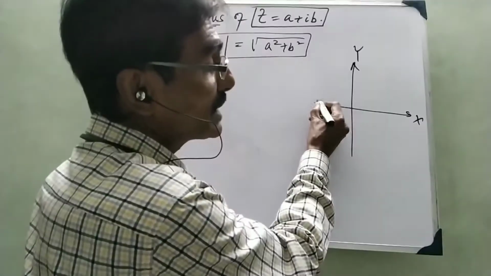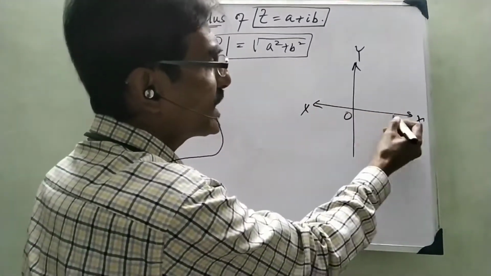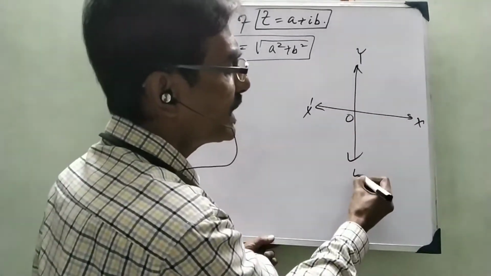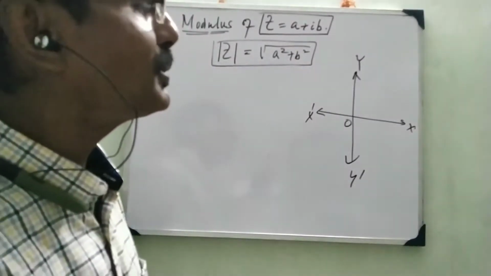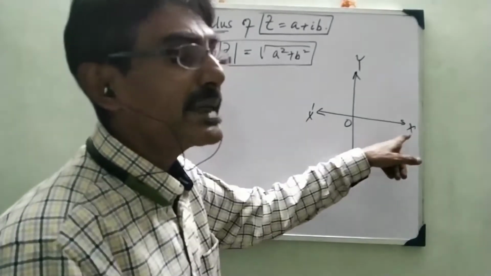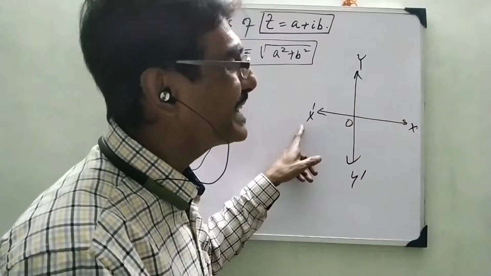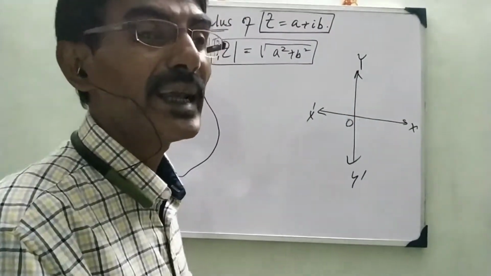In Cartesian coordinate, generally we write this x dash is the x-axis and y dash is the y-axis. But in Argand plane, or complex plane, the x-axis, x dash, is real axis and this one, y-axis, is imaginary axis.